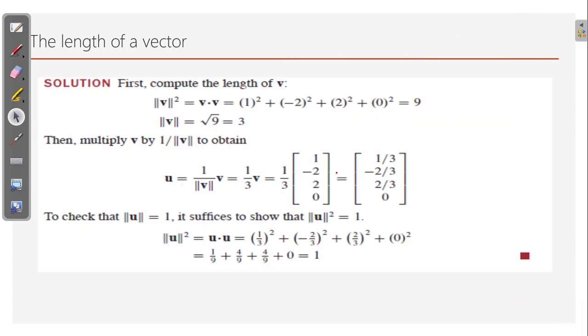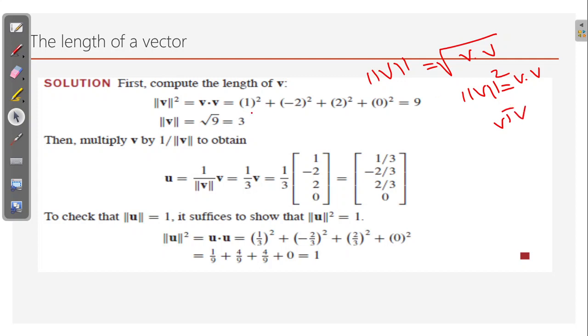Here the length of v is norm v, and norm v is equal to the square root of v dot v, so norm v squared equals v dot v. That means the inner product of v and v, that means v transpose into v.